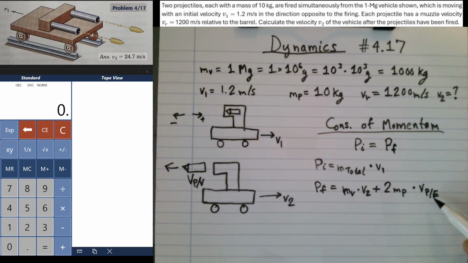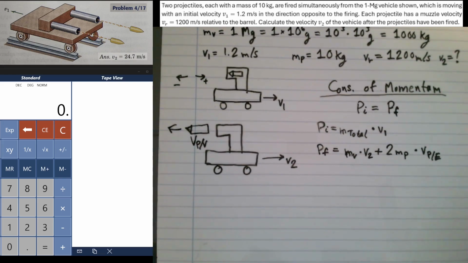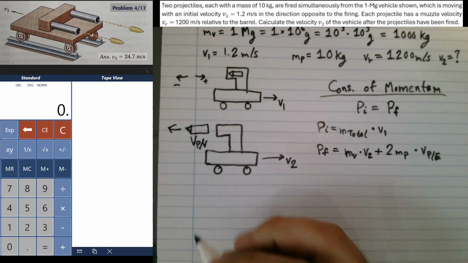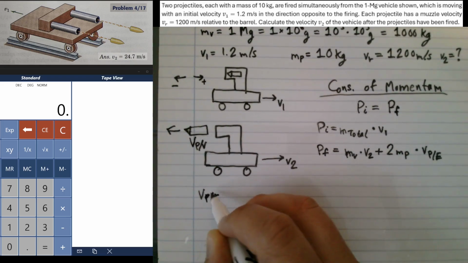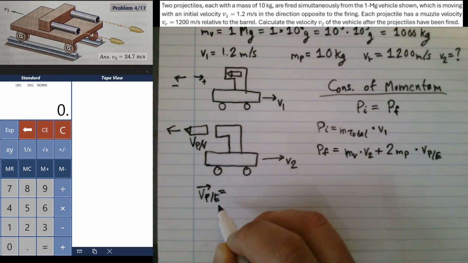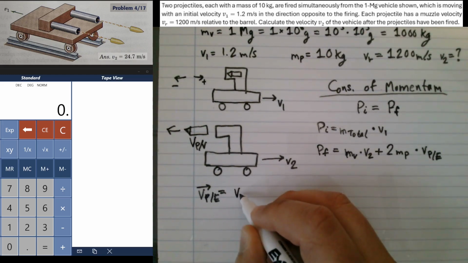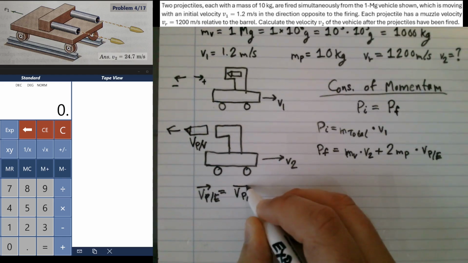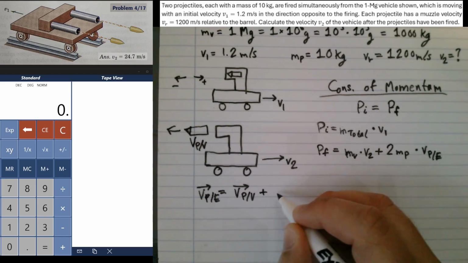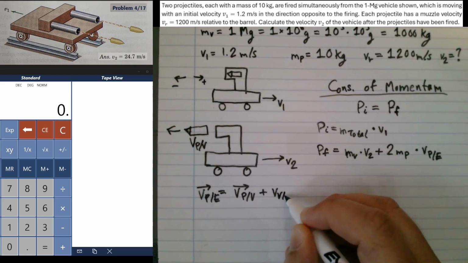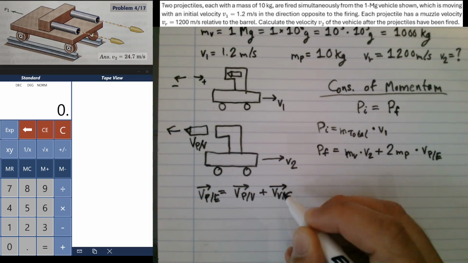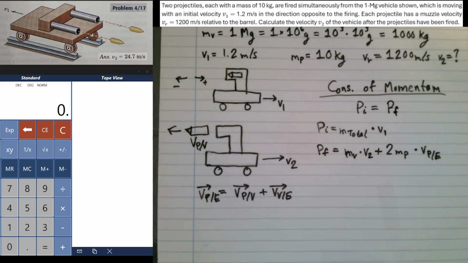So how do we find this absolute velocity of the projectile relative to the Earth? Well, we need to examine, based on our diagrams, what we have. Our velocity of the projectile relative to the Earth is going to be equal to the velocity of the projectile relative to the vehicle, which we have, plus the velocity, these are vectors, of the vehicle itself relative to the Earth.